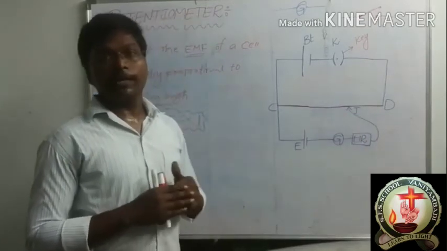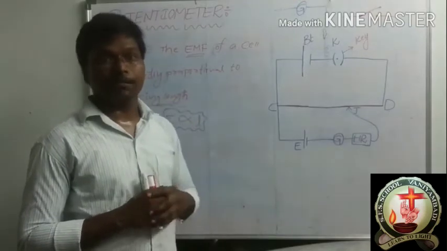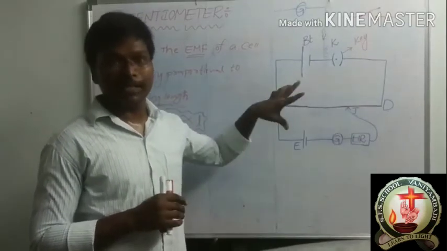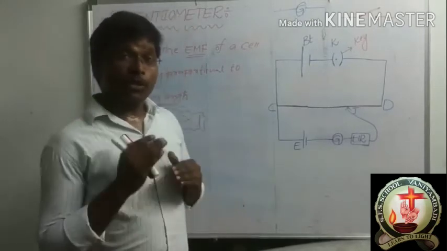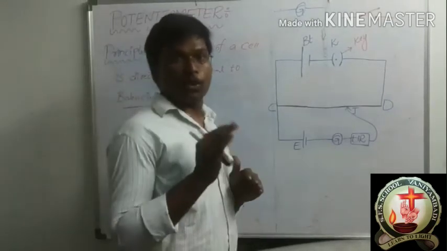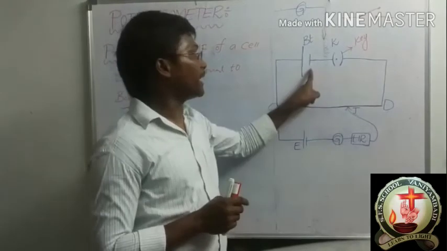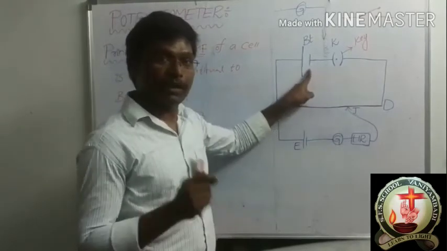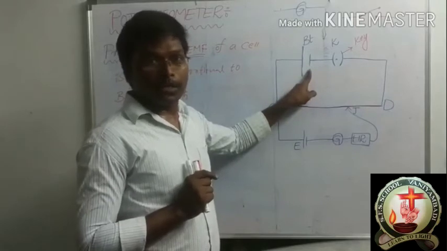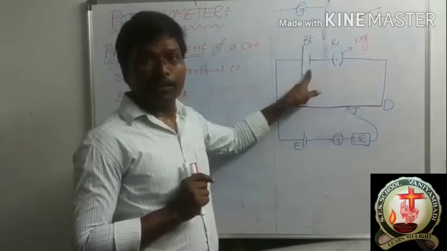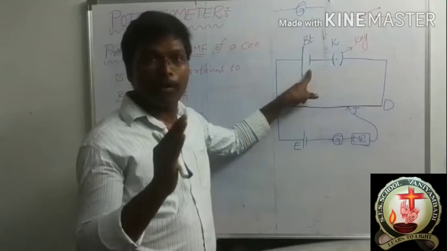Now I will explain the construction of this potentiometer. A potentiometer consists of a battery. This battery has one positive terminal and one negative terminal.